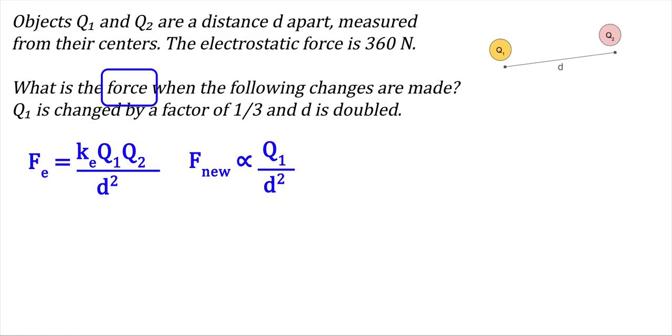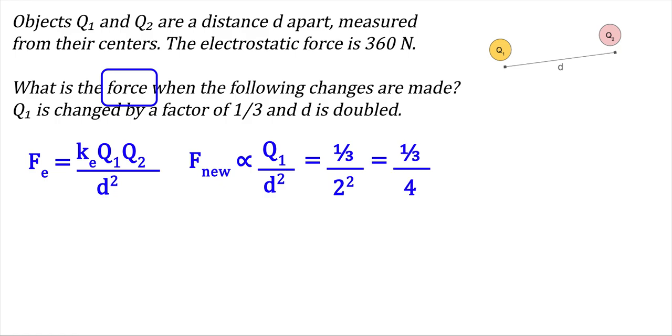I'm going to put my 1/3 factor on the top of this fraction, and the 2, because D is doubled, that's a factor of 2 on the bottom. But notice that's not just a 2, it's a 2 squared, because D is being squared in the formula.